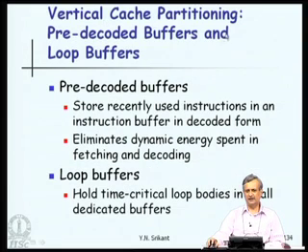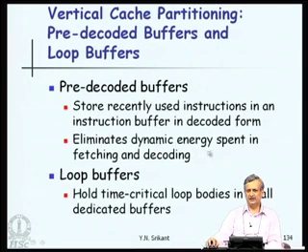So, vertical cache partitioning with the pre-decoded buffers and loop buffers. So, what are pre-decoded buffers? They store recently used instructions in an instruction buffer in decoded form. So, there is no need to spend time and energy in decoding an instruction, they are already decoded.